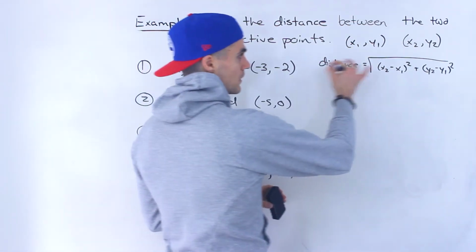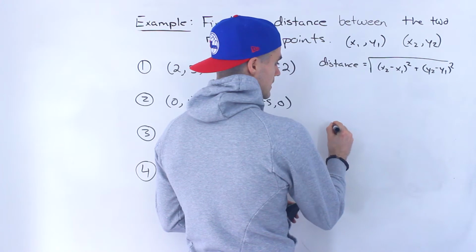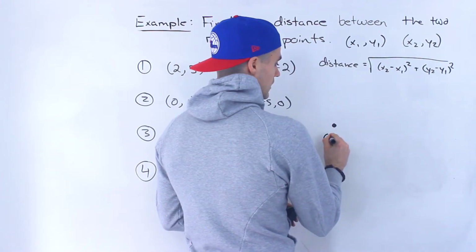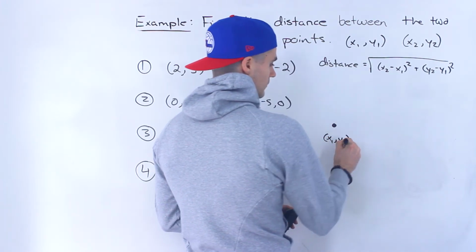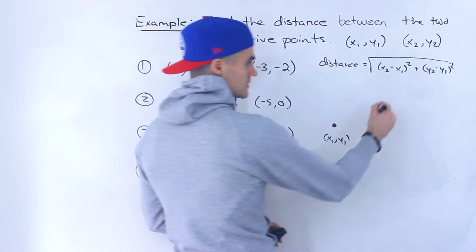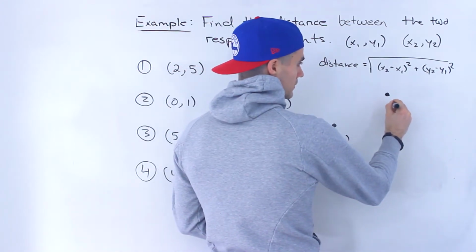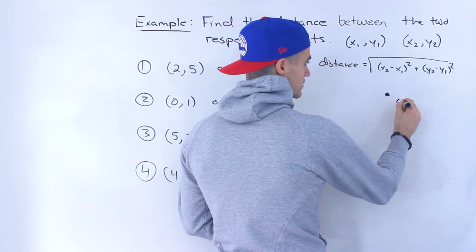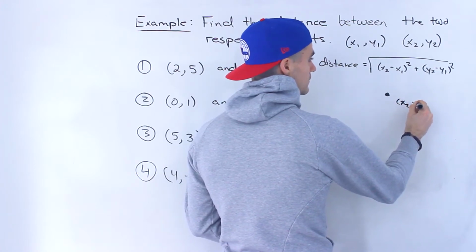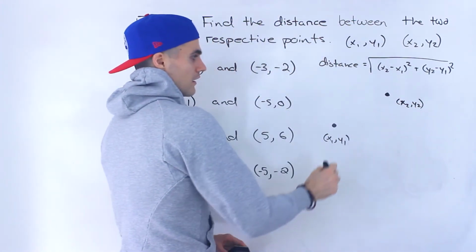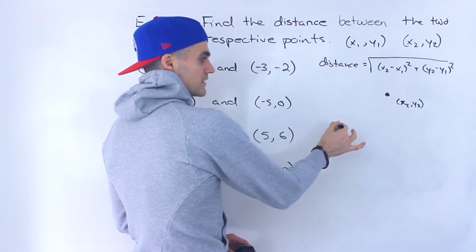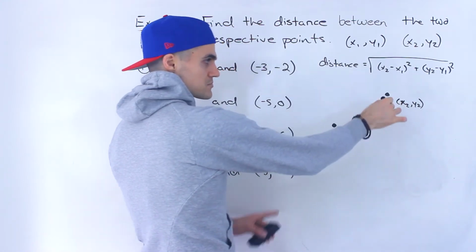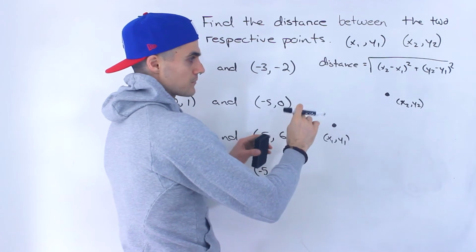Now, if you're curious, the way this formula comes about is, I'll show you quickly visually. If we have x1, y1 like this, and then another point, let's call it x2, y2, how do we come up with this formula? Just pretend this is on a Cartesian plane somewhere.